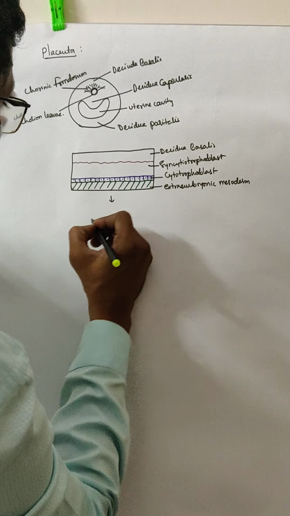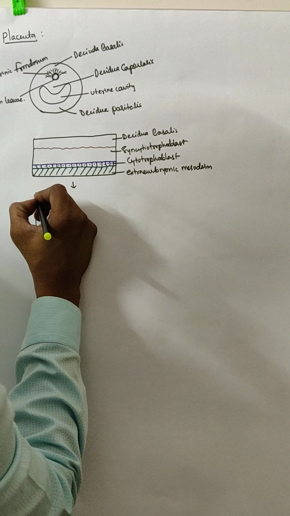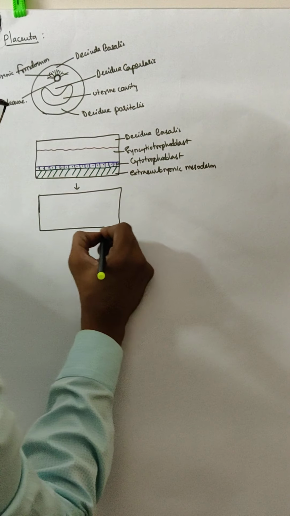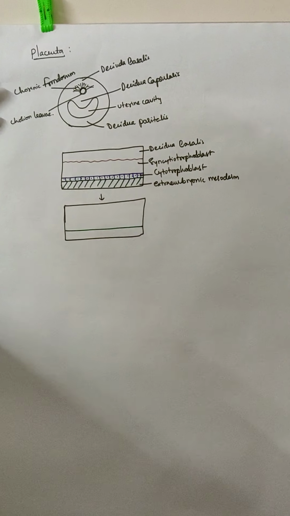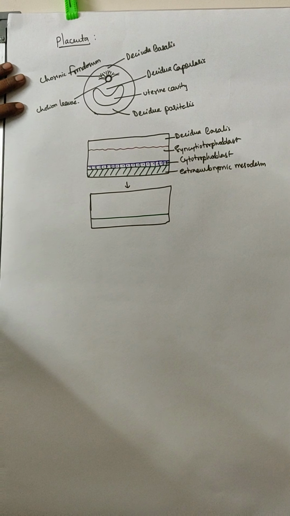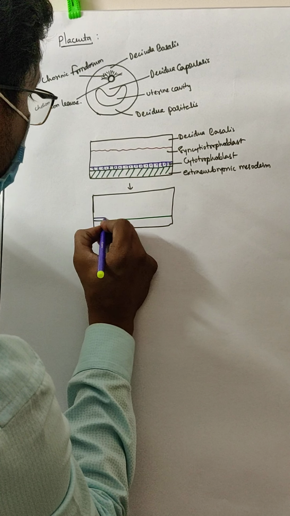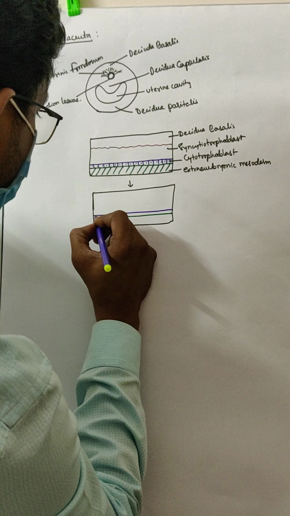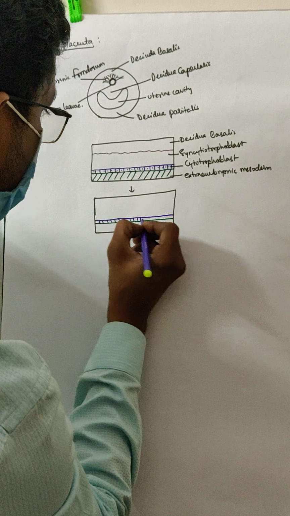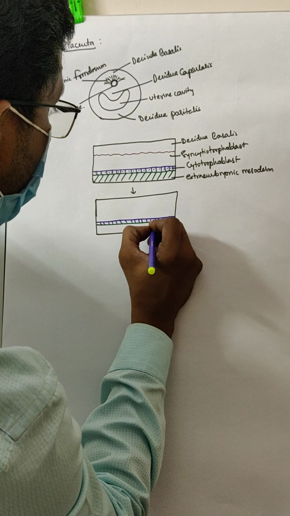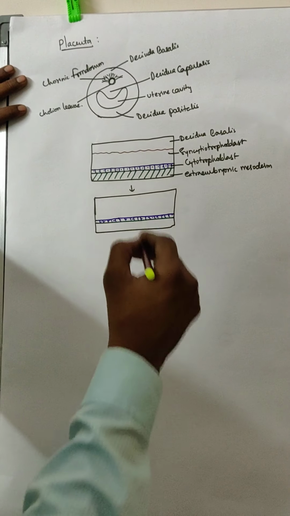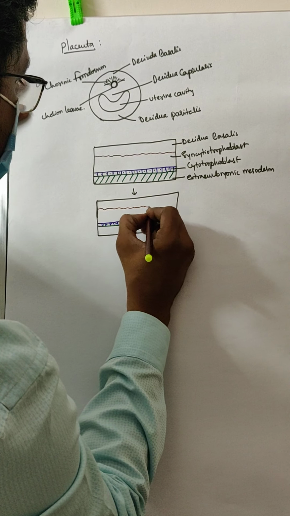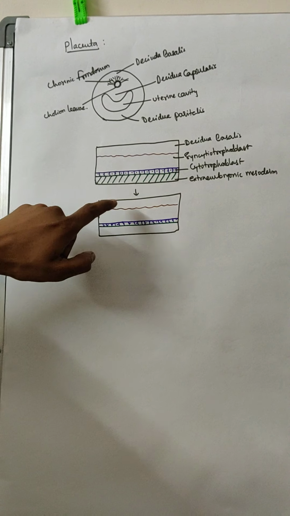So from here, let me show you this extraembryonic mesoderm with the green layer. And then another layer, the cytotrophoblast layer here. And above that you have the syncytiotrophoblast and the decidua basalis here.